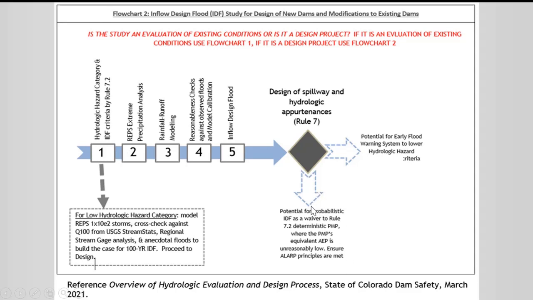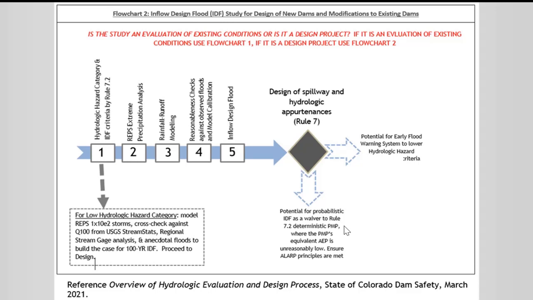And then this bottom arrow: what we've seen is that in some cases the deterministic REPS PMP is very extreme compared to REPS precip frequency. So the PMP rainfall may plot well beyond 10 to the minus 7, our most extreme precip frequency estimate.